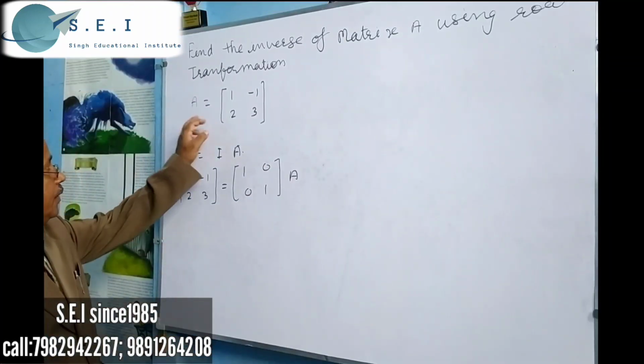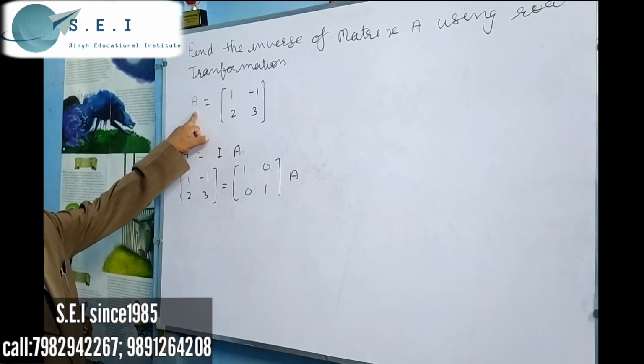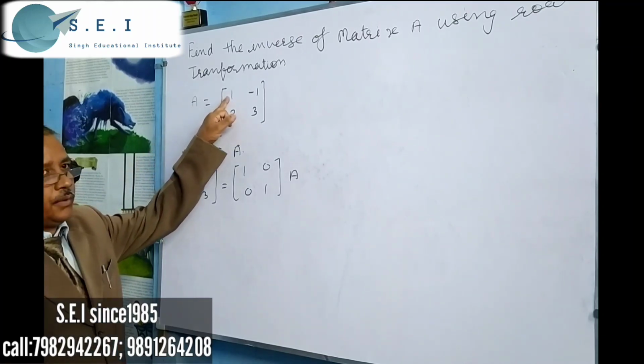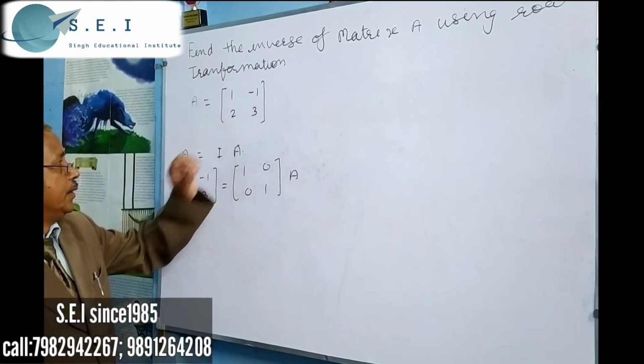To find A inverse, we have taken an example of matrix A, which is equal to 1, -1, 2, 3.